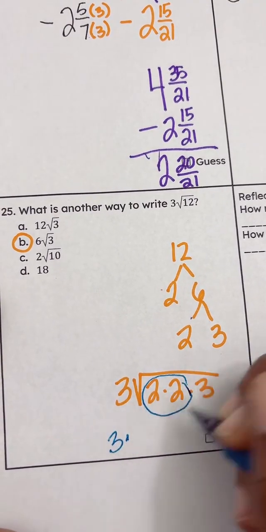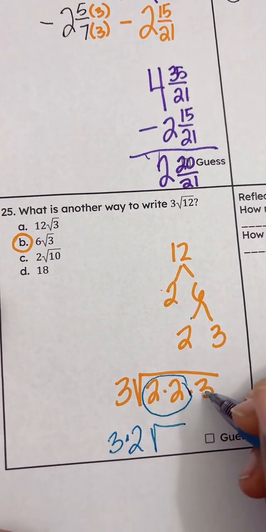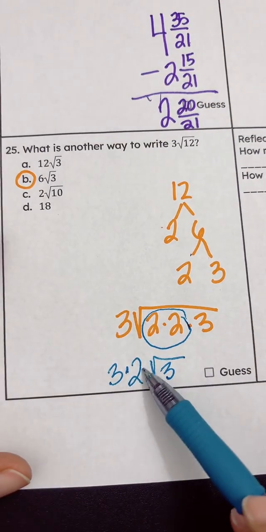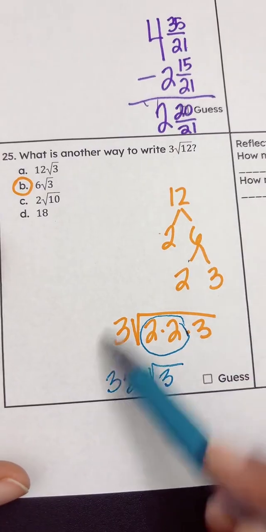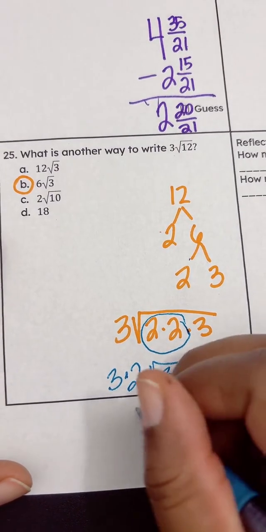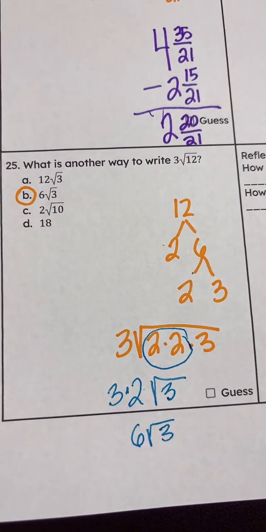So 1, 2 is going to come out. This 3 better stay inside. And then 3 times 2, because remember we already had the 3 on the outside. That's why we had to keep it there. 3 times 2 is going to get us 6 square root 3. And yes, B is our beautiful answer.